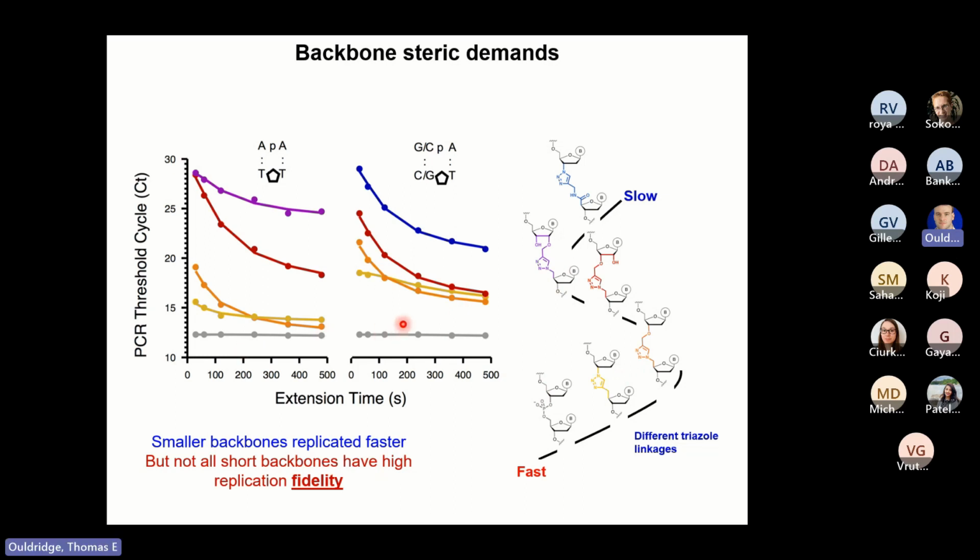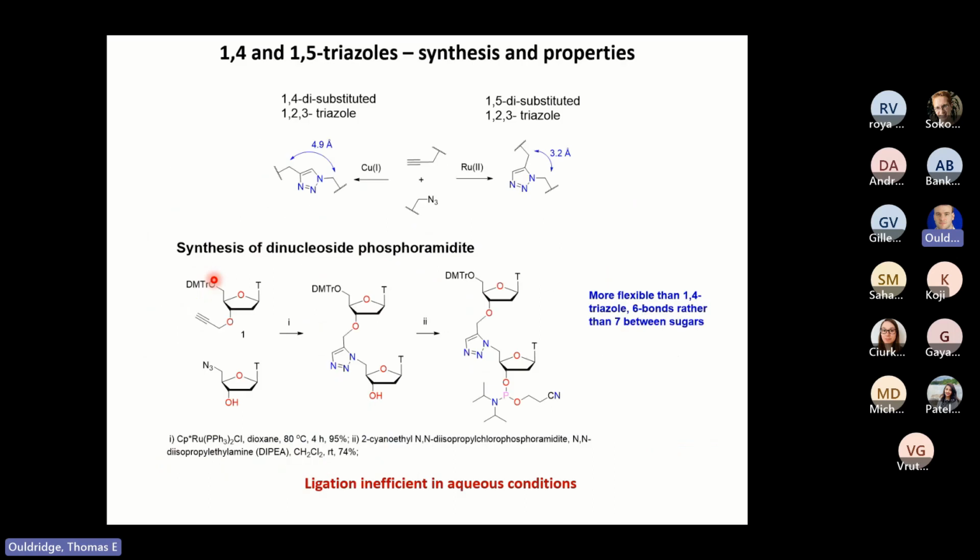And what we found was that as we increased the length of the DNA backbone between the two sugars, the polymerase was slowed down more and more. So we got pausing of the DNA polymerase according to the length of the backbone. The backbone that I've been talking about most so far here is the orange one, where the CT value is very sensitive to the cycle time. You have to do the PCR more slowly if you want to get it to be really efficient. So the polymerase doesn't fully recognize the triazole as normal. It's slowed down by that modification.